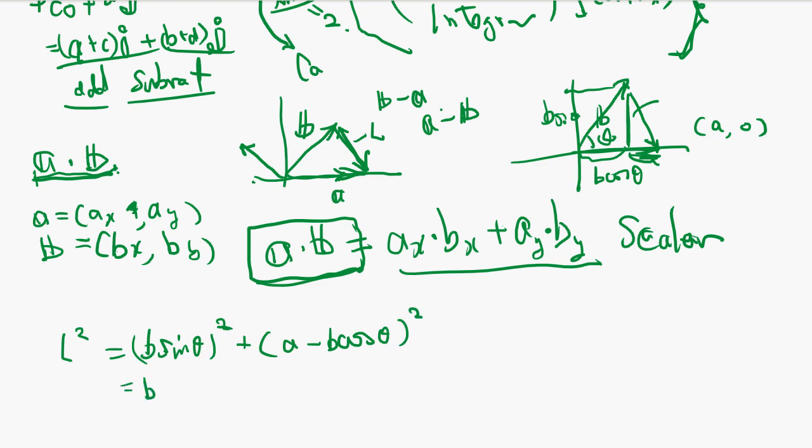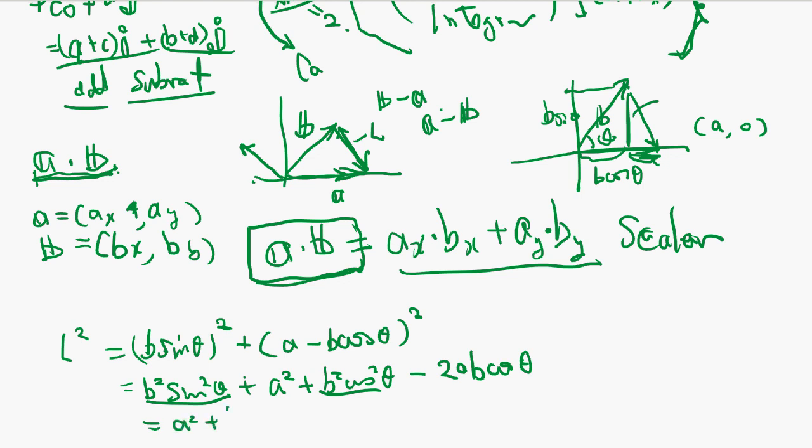So it's going to be B squared sine squared theta plus A squared plus B squared cos squared theta minus 2AB cos theta. Now the sine squared and cos squared sum to 1, so it's going to be A squared plus B squared minus 2AB cos theta, right?